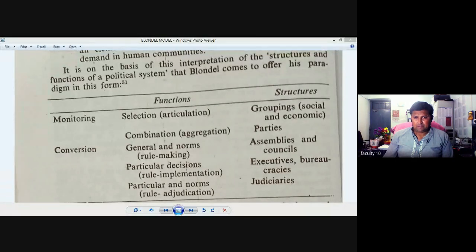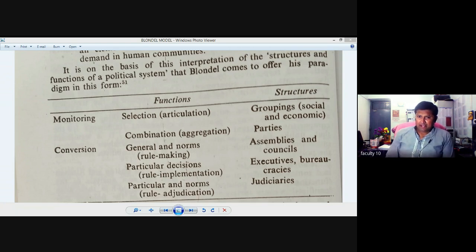Now you can see this is the Blondel model of political system.